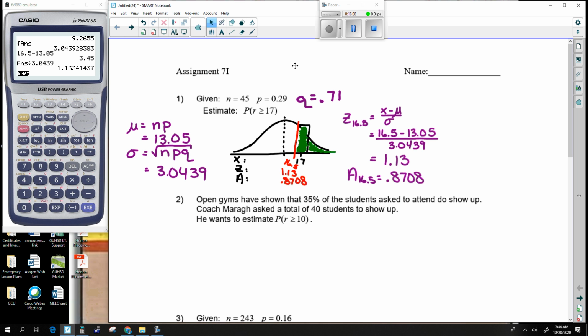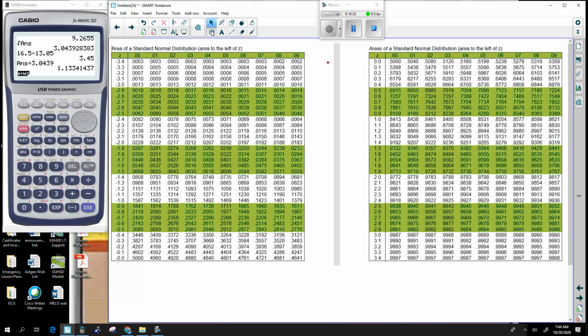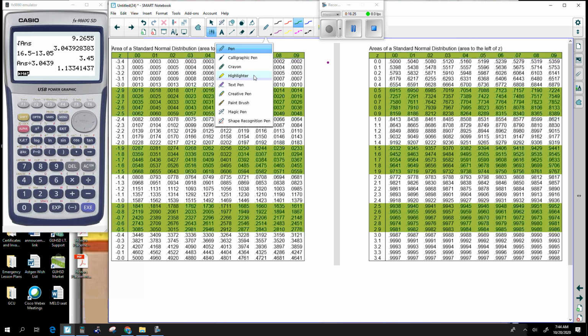Now, here's where it sometimes, not all the time, gets tricky. When I looked this stuff up on this table right here, which I was supposed to do, notice that this always, always, always gives you, quote unquote, the area to the left.